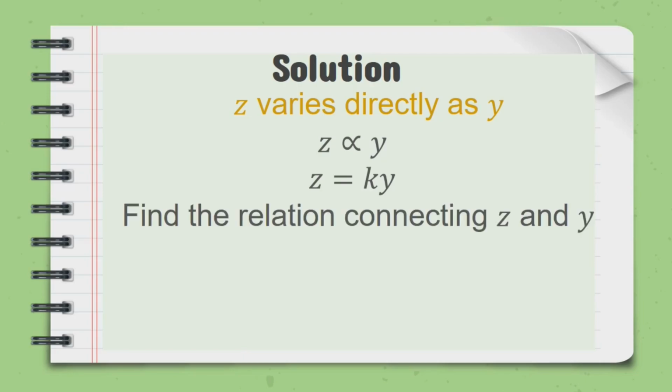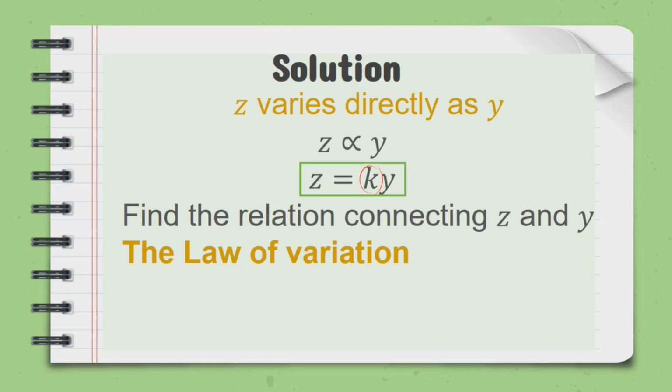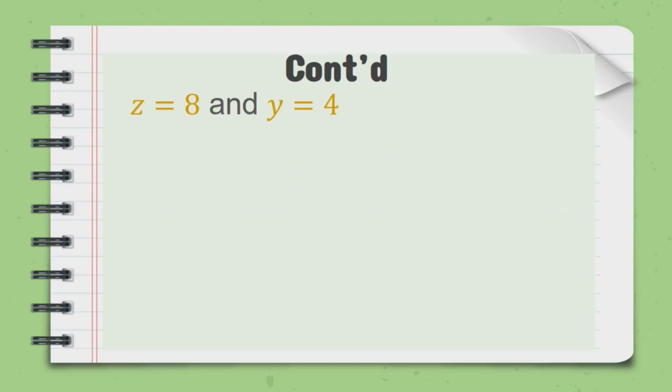In our first question, we have to find the relation connecting z and y. This also implies that we are finding the law of variation, and so in this question all we need to do is to find the value of k and substitute it back into the equation to derive the law of variation, which is the relation connecting z and y. From our question, z equals 8 and y equals 4.